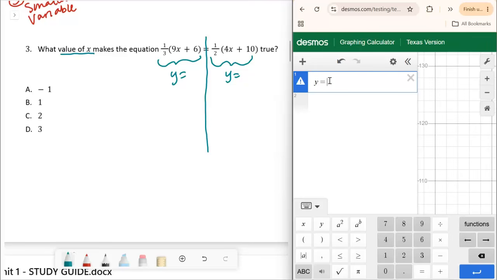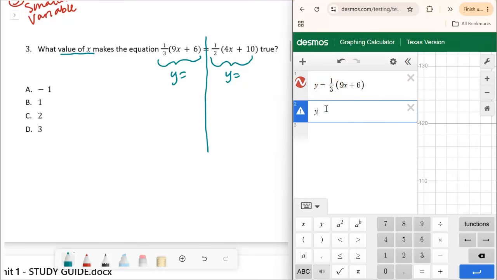So I have y equals 1/3 arrow over parentheses 9x plus 6 close parentheses, and y equals 1/2 parentheses 4x plus 10 close parentheses, and go.